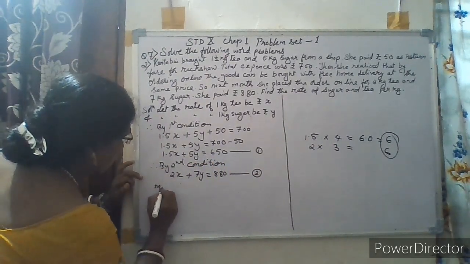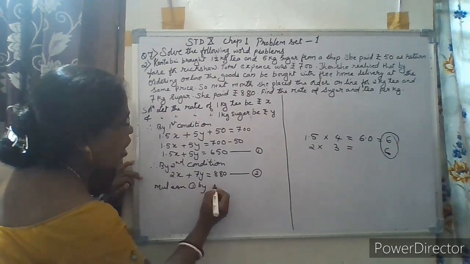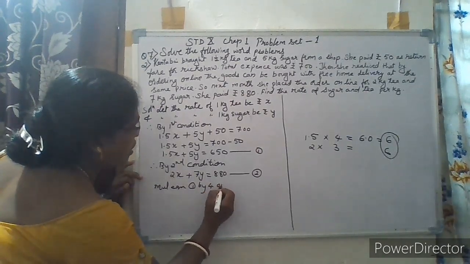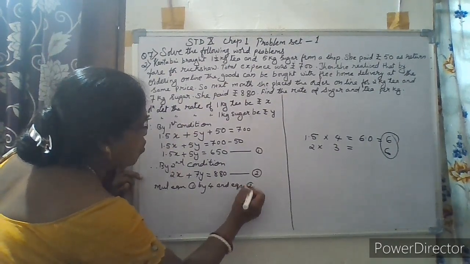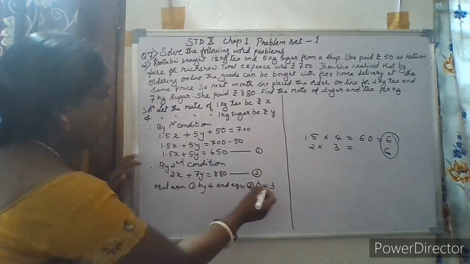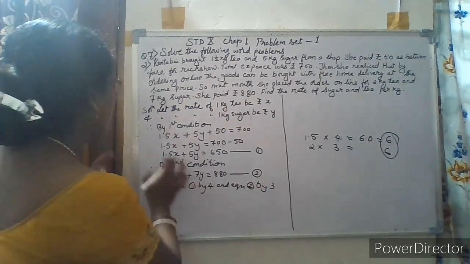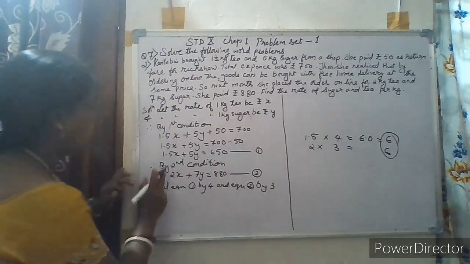So I will have to multiply equation 1 by 4 and equation 2 by 3. Therefore, when I multiply equation 1 by 4, you have already seen this, so directly I will go with this.